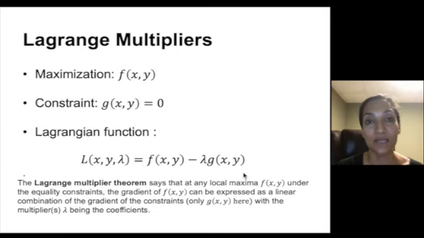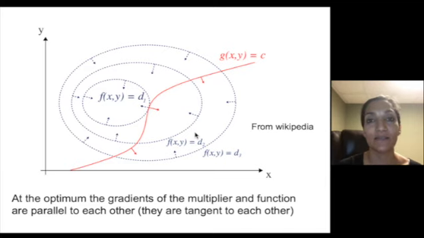The reason this works has to do with the Lagrange multiplier theorem that says that at any local maxima of f under equality constraints, the gradient of f can be expressed as a linear combination of the gradients of the constraint, which here we only have g, with the multiplier being the coefficient. To get a geometric idea of this, what we're actually trying to find is the maximum value of f.